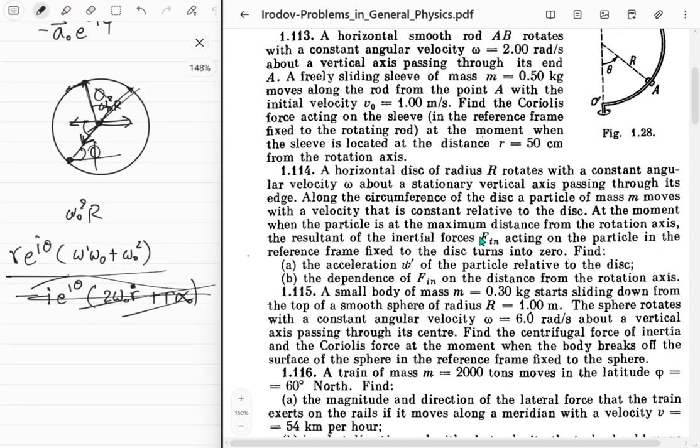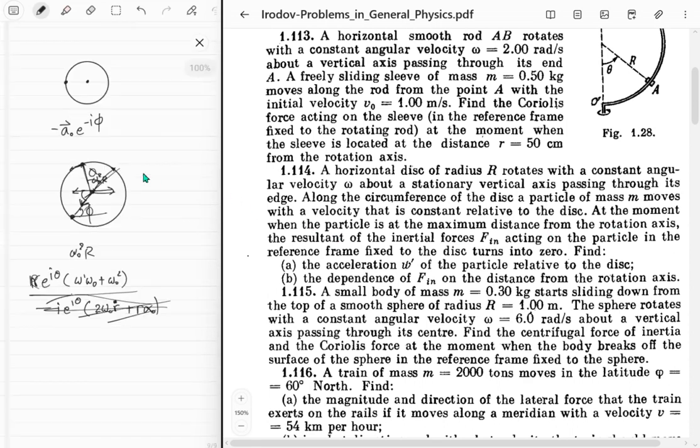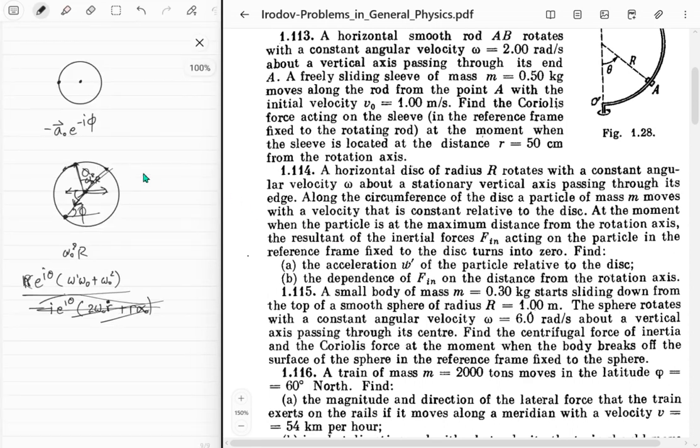And what they are saying is, this small r should just be capital R. And then they're saying that at the moment when the particle is at the maximum distance from the rotation axis, just look at it in the rotating frame.